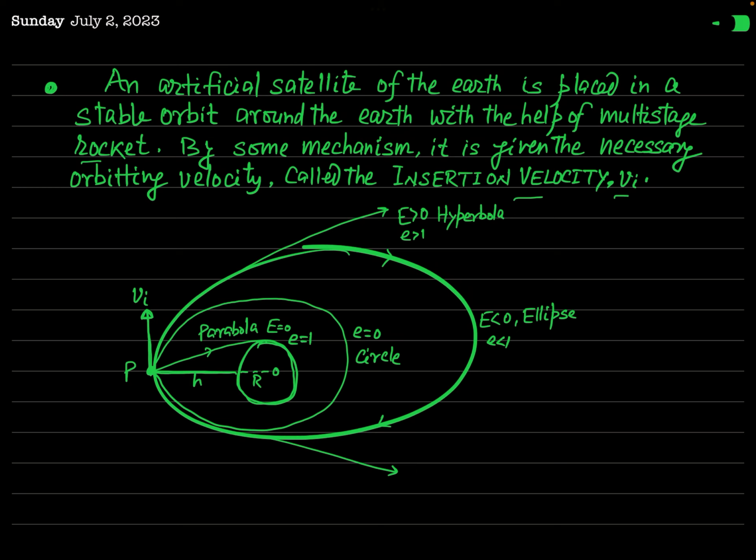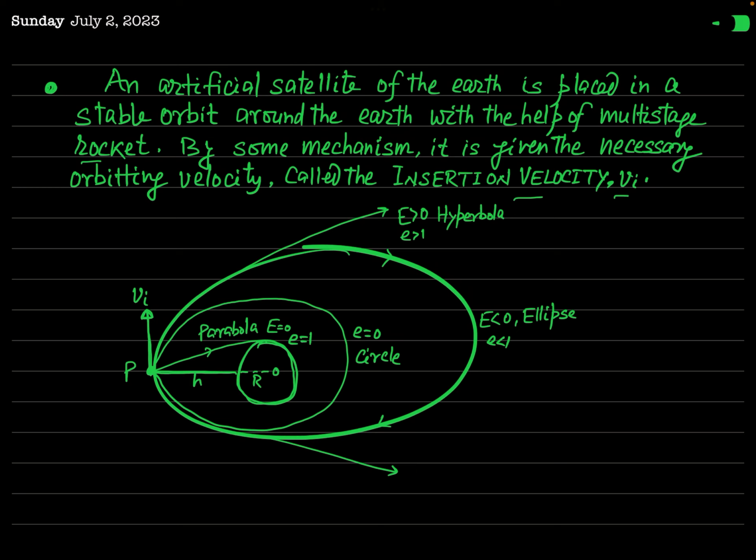As you have studied while discussing the trajectory of a particle moving in a central force field, depending upon this velocity or the total energy of the satellite, the orbit of the satellite may be elliptical, a hyperbola, a parabola, or even a circle.